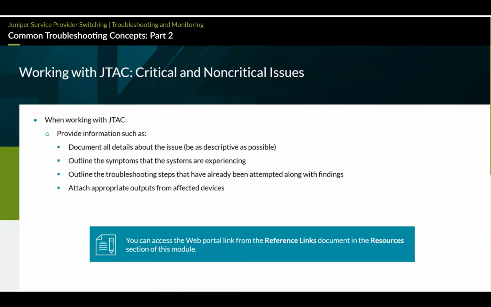Okay. Working with JTAC, critical and non-critical issues. If you have not solved your problem, you checked the physical and everything is okay, you checked software and you think it is also okay, and you checked the configuration and you think it is also okay, but your problem is not solved yet, then you can communicate with Juniper and they will give you the solution.